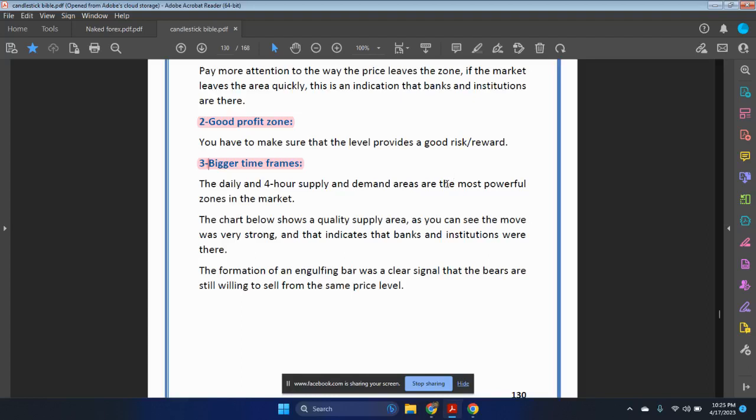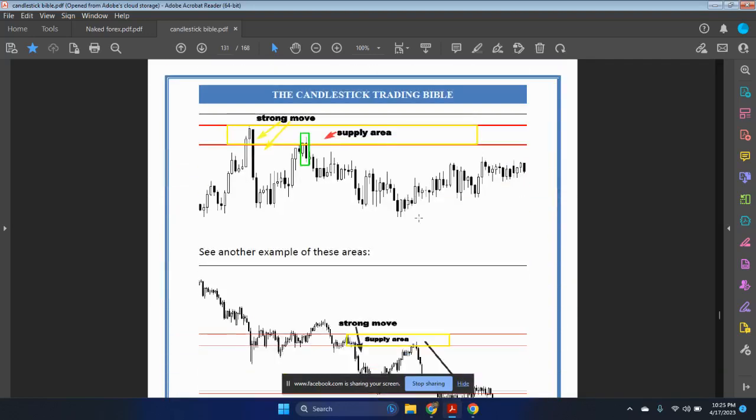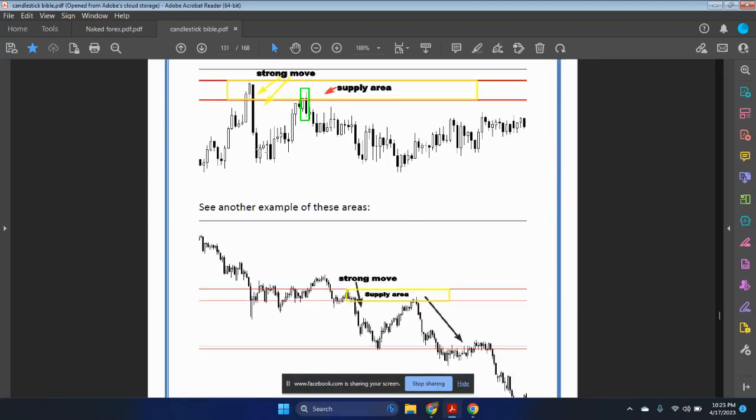The chart below shows the quality supply area. As you can see, the move is very strong, and that indicates that banks and institutions were there. The formation of an engulfing bar was a clear signal that the bears are still willing to sell from the same price level. So they have a strong supply area.